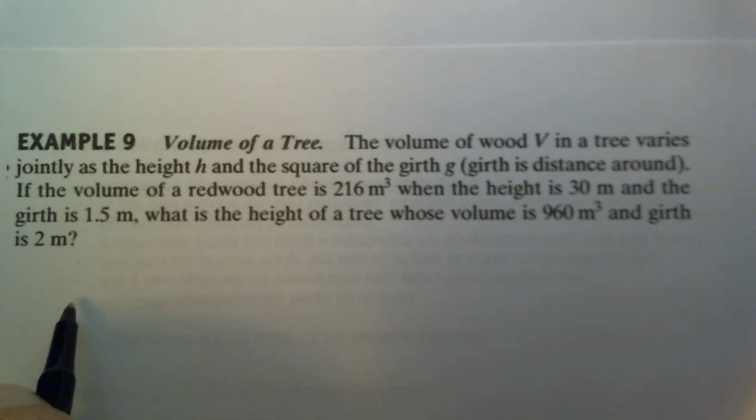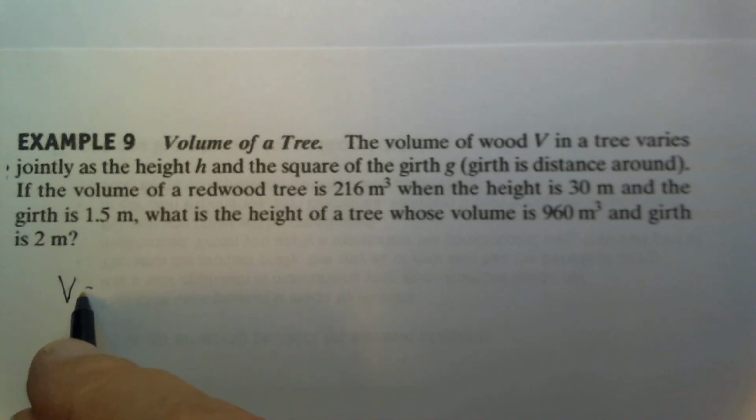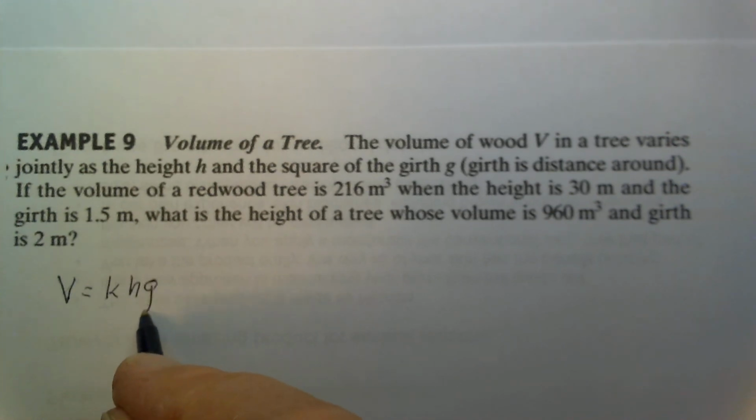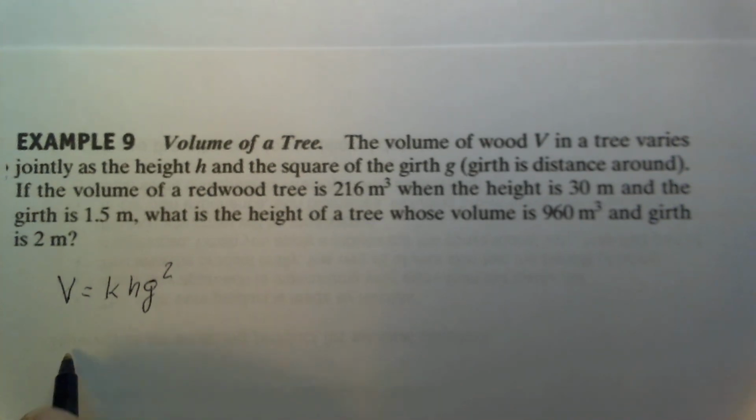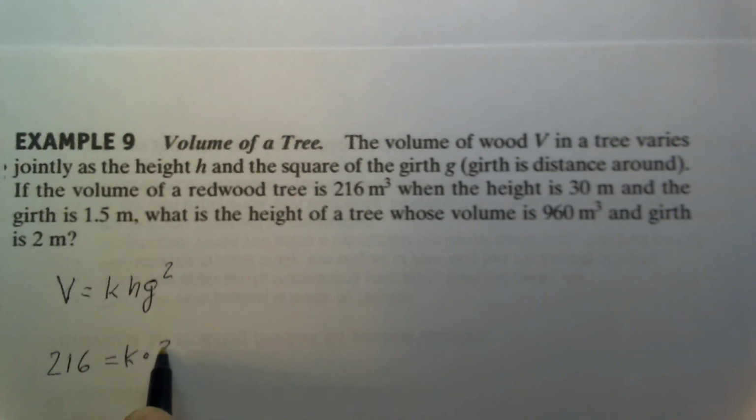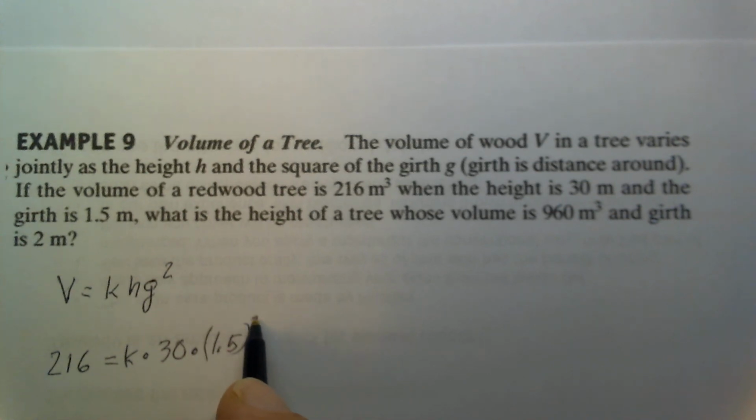So let's write down the equation of variation. V, the volume, varies directly, so k times the height times g, the girth squared. And so now we are given that the volume V is 216 cubic meters, which equals k times the height, which is 30 meters, times the girth, which is 1.5 meters squared.